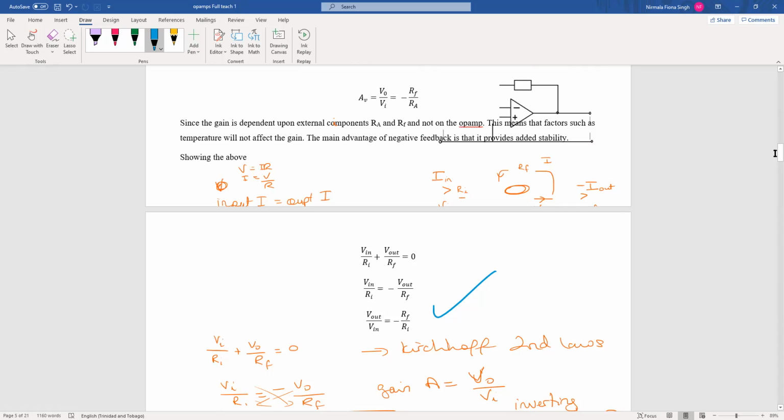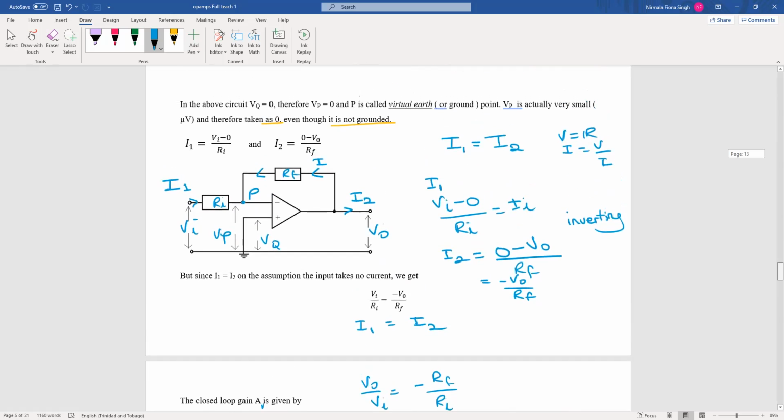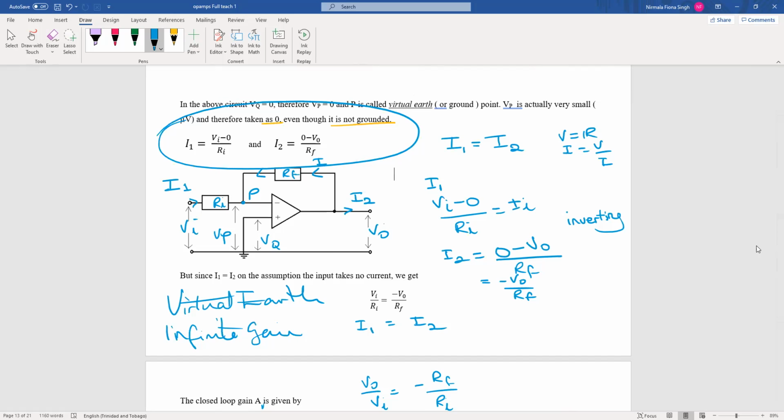But when we talk about using the infinite gain approximation, anytime they talk about using either virtual earth, or to use your infinite gain approximation, they want you to use this type of derivation, where we look at our two currents, taking the virtual earth into consideration.